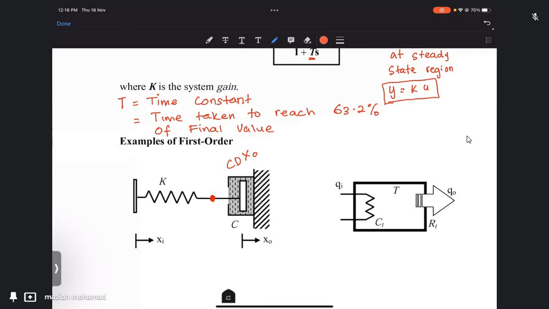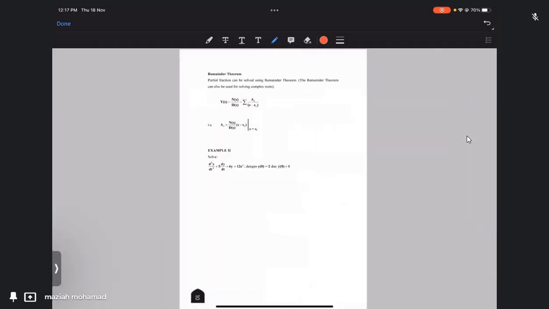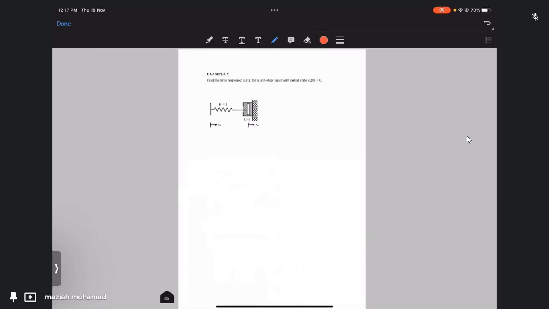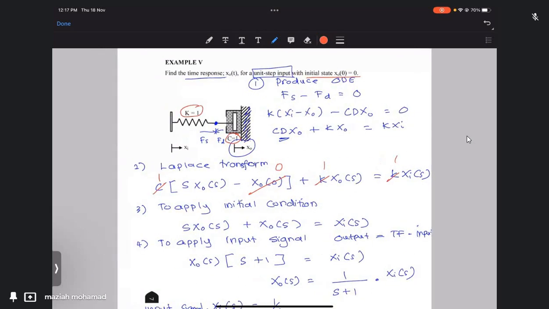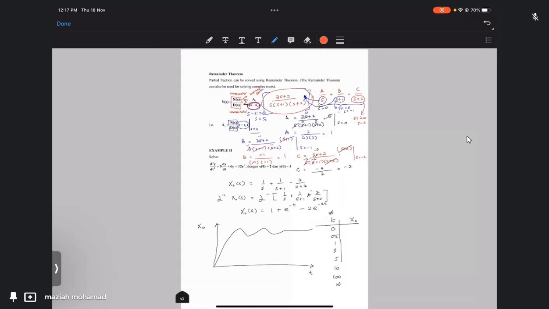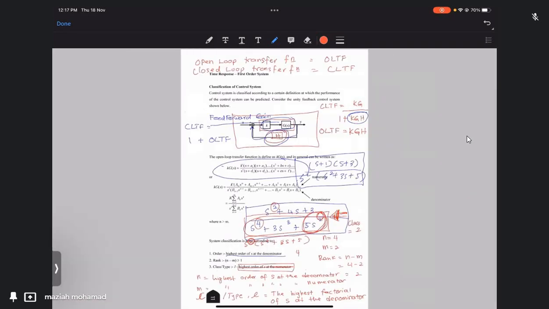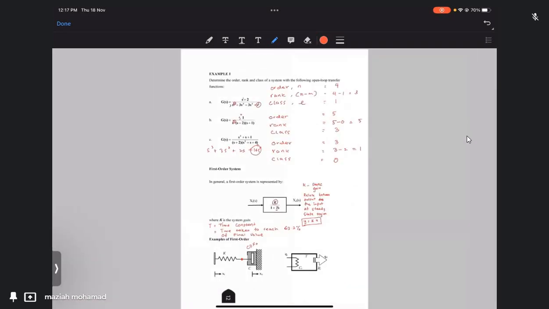So that is the highest order, so it will become a first order system. Basically we already derived for this. If you refer to the notes, we already derived here, example 5.